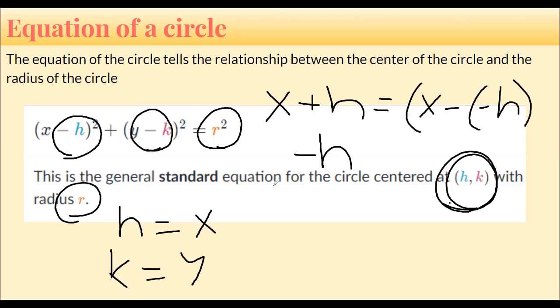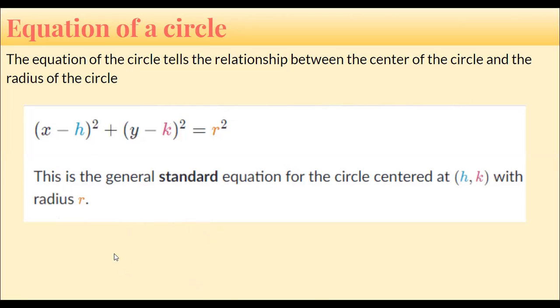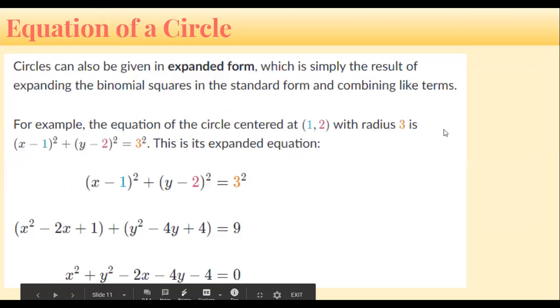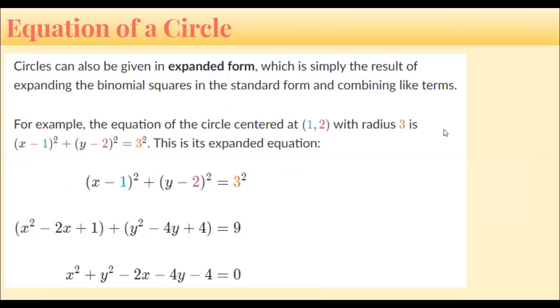Now let's look at some things using the equation of a circle. In a lot of standardized testing, they might give us the expanded form of the equation of a circle, and they would ask what is the radius or what is the center?